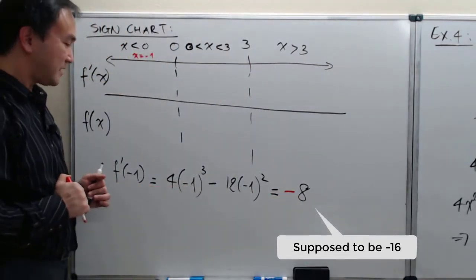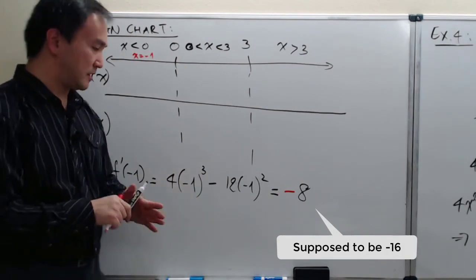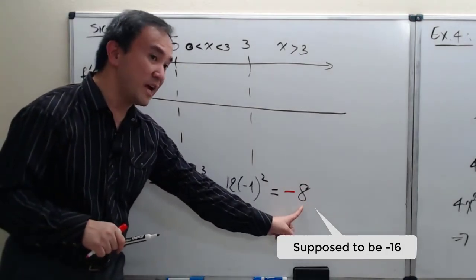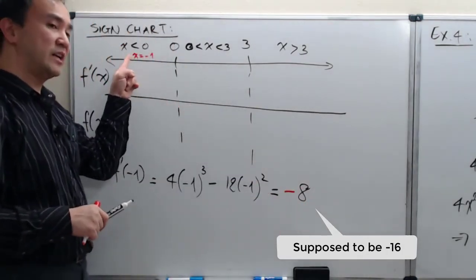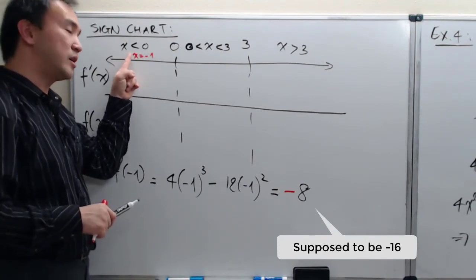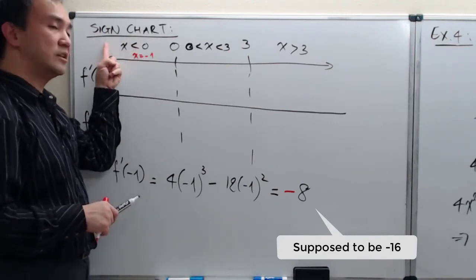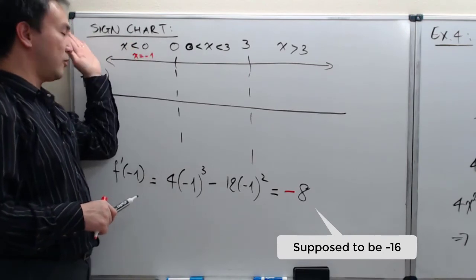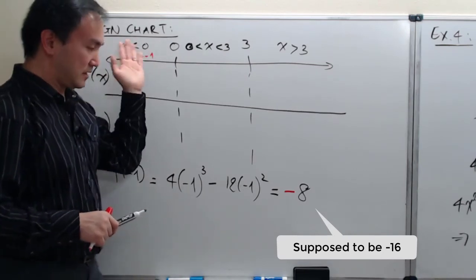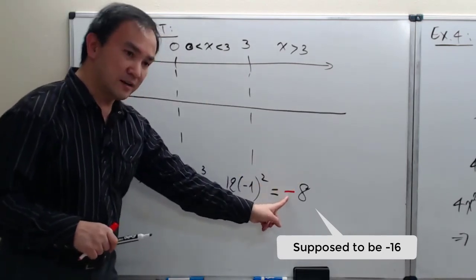I'm not too worried about the value 8, because if any other viewer picked a different value, as long as the x value you chose is in the interval less than 0, that will work. What matters is this sign right here.